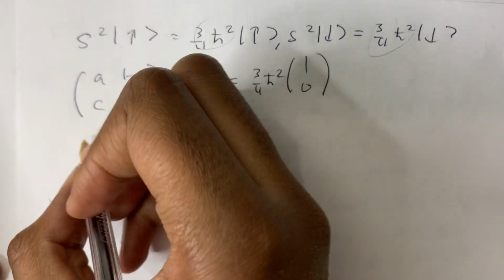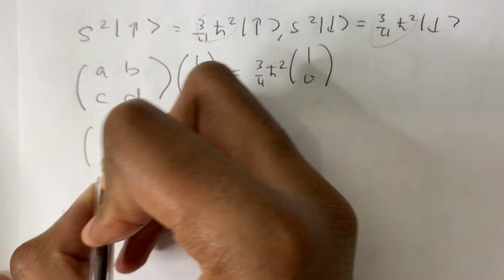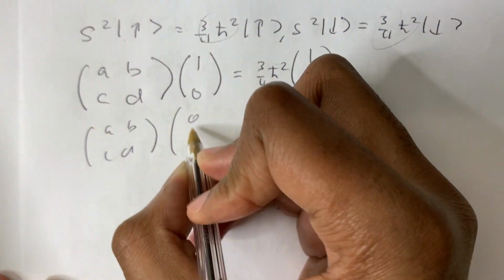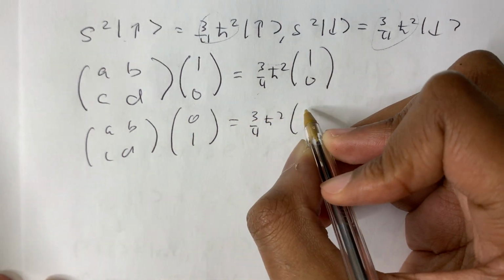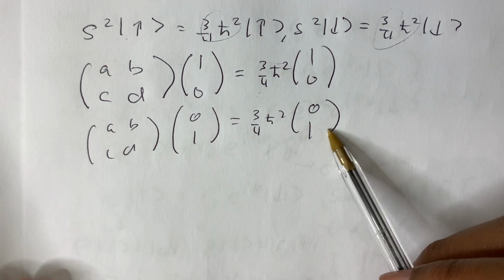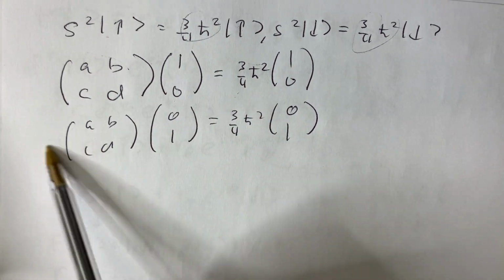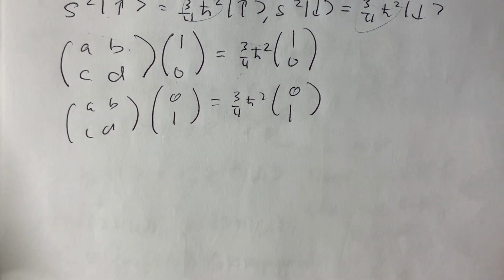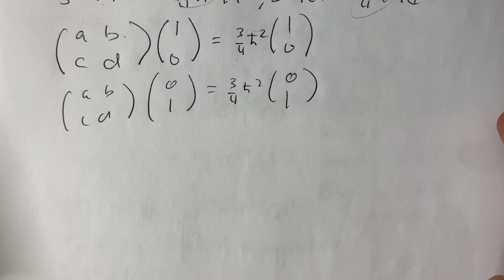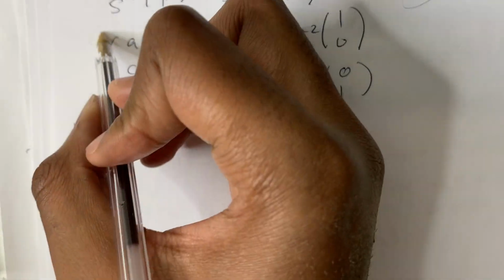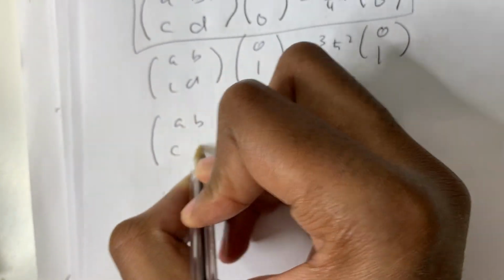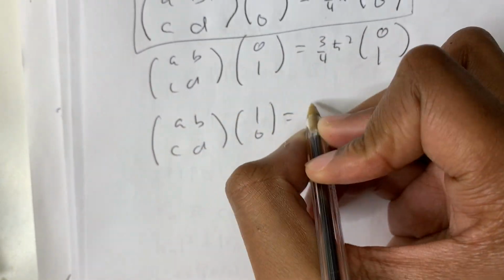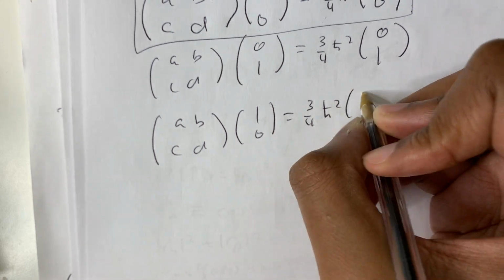Then analogously, it acts on the spin down state and gives us 3 over 4 h bar squared times (0, 1). From this we can find the components of s squared. Let's start with the spin up state: A, B, C, D times (1, 0) equals 3 over 4 h bar squared times (1, 0).